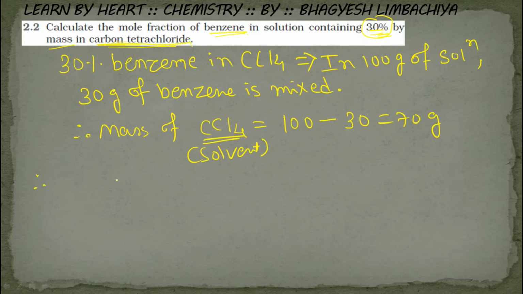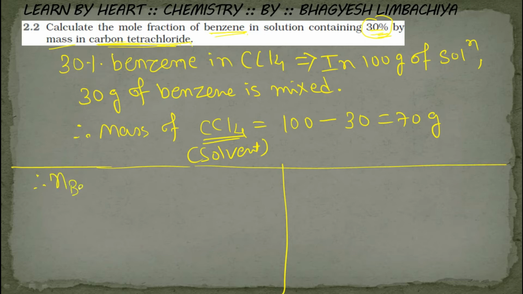So on the basis of it we can calculate the number of moles of benzene and the number of moles of CCl4. So the number of moles of benzene is 30 divided by 78.